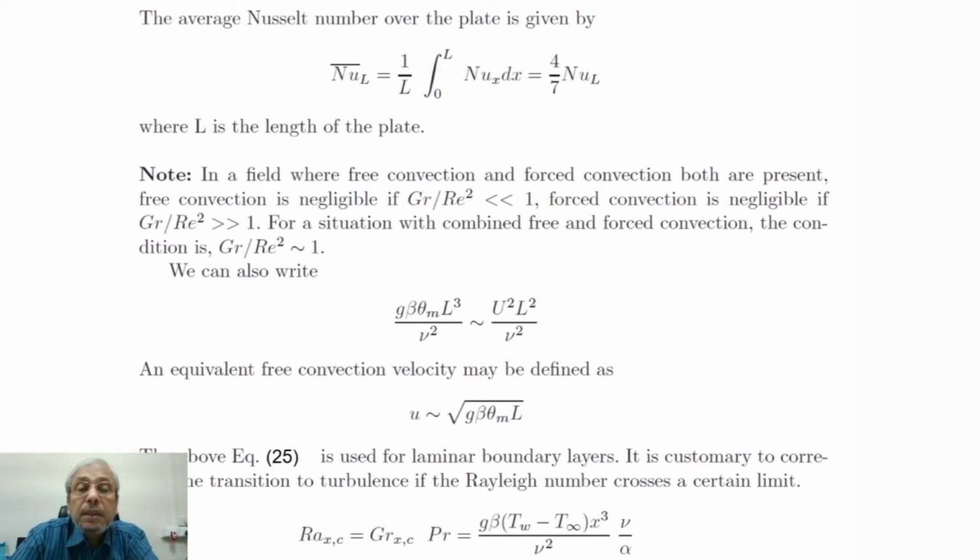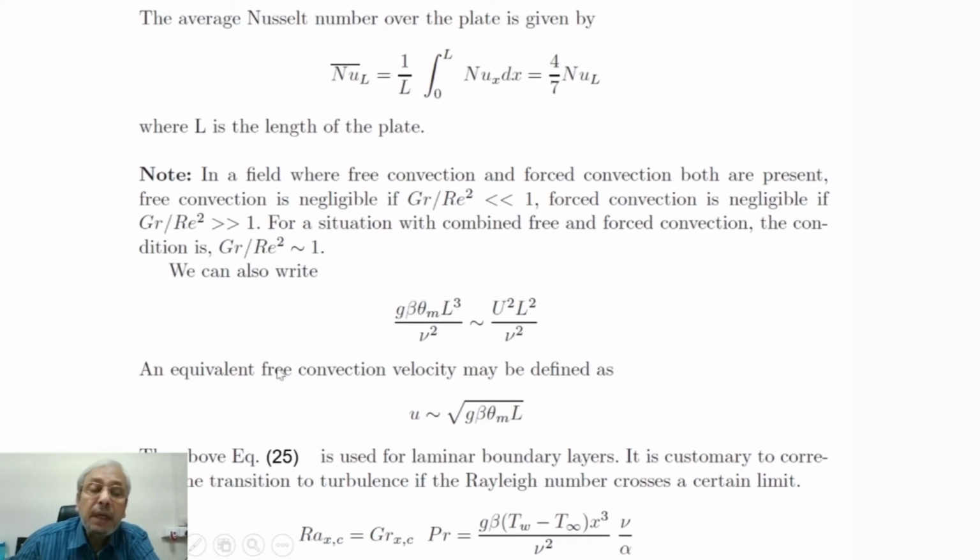For a situation with combined free and forced convection, the condition is Grashof number by Reynolds number squared is of the order of 1. So we can write Grashof number g beta theta m L cube by nu square is of the order of u square, where u is the forced flow velocity, L square by nu square.